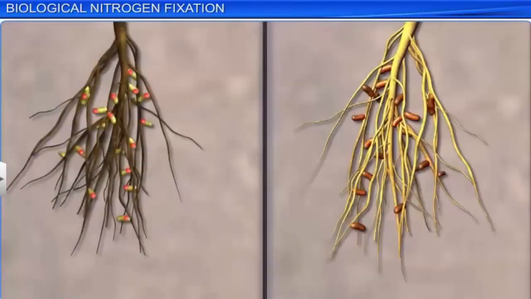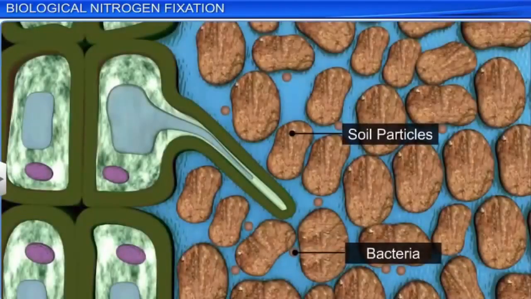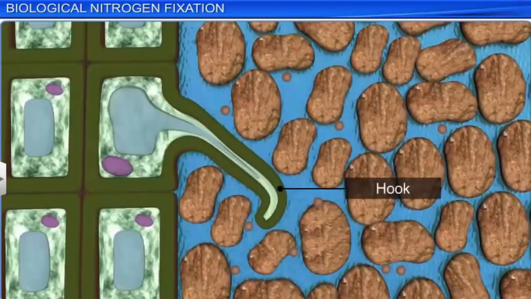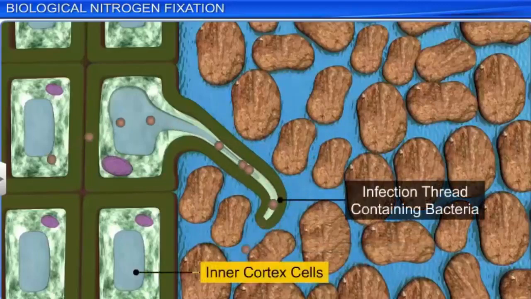Let us take a look at how Rhizobium helps plants. Rhizobium in the soil multiplies around the roots and gets attached to root hair or epidermal cells. Root hairs curl, indicating the presence of bacteria. These bacteria reach the cortical cells through this root hair.